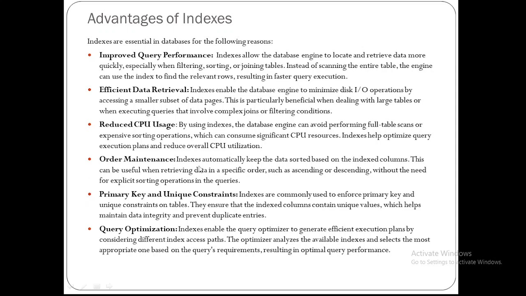Order maintenance. Indexes automatically keep the data sorted based on the index column, which can be useful when retrieving data in a specific order, such as ascending or descending. Like when we create an index, we can put the data for a table in ascending or descending order with that index if we require.